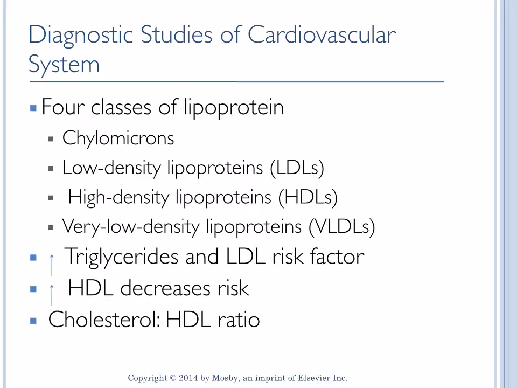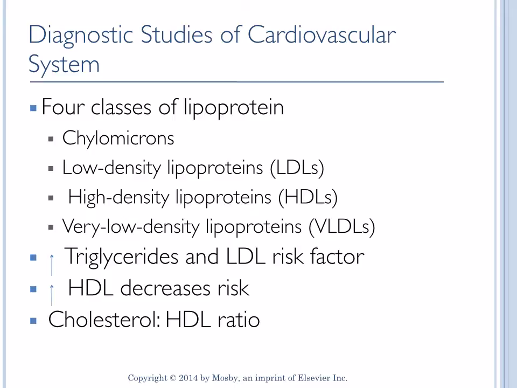LDLs are mostly cholesterol with moderate amounts of phospholipids. HDL is about one half protein and one half phospholipids and cholesterol. VLDL is primarily triglycerides with moderate amounts of phospholipids and cholesterol.